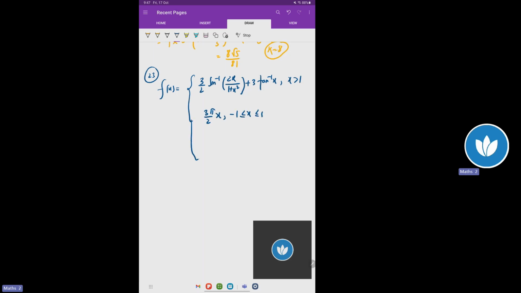And what they have written more, cos inverse 1 minus x square upon 1 plus x square plus 2 tan inverse x minus 3 pi by 2 if x is less than minus 1.